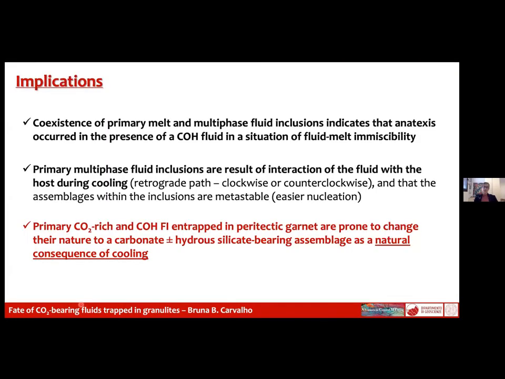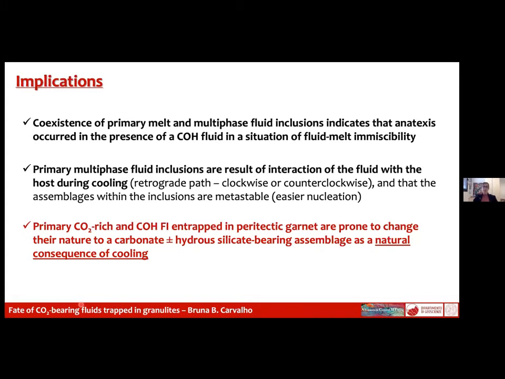So some implications of these results, the coexistence of primary melt and multiphase fluid inclusions, they indicate that anatexis occurs in the presence of a COH fluid in a situation of fluid-melt immiscibility. And the petrographic evidence and the phase equilibrium modeling suggest that these primary multiphase fluid inclusions are a result of the interaction of the fluid with the host garnet during cooling, and the assemblages within the inclusions are metastable.